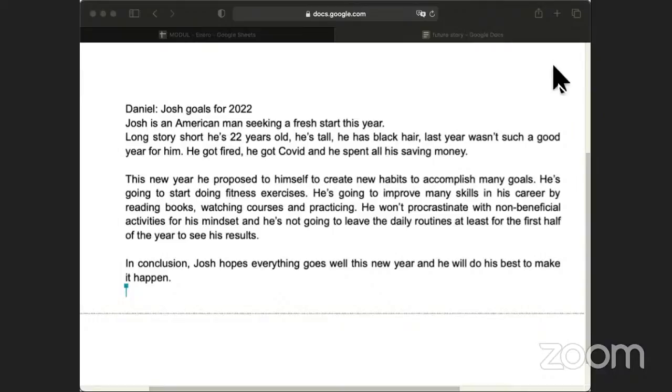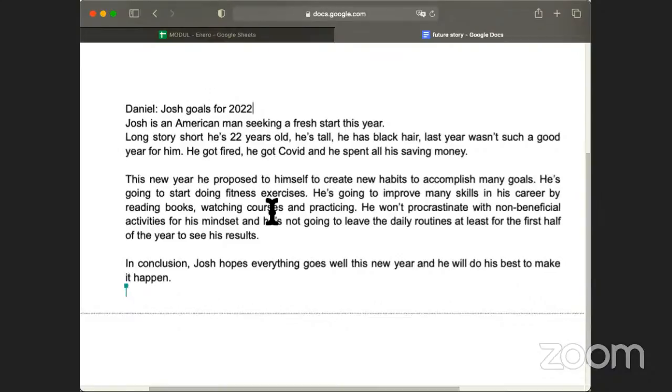He's going to improve many skills in his career by reading books, watching courses, and practicing. He won't procrastinate with non-beneficial activities for his mindset, and he's not going to leave the daily routines, at least for the first half of the year, to see his results. In conclusion, Josh hopes everything goes well this new year, and he will do his best to make it happen.